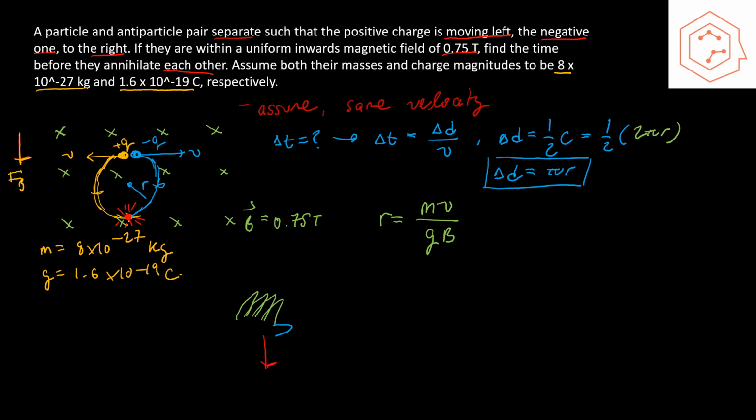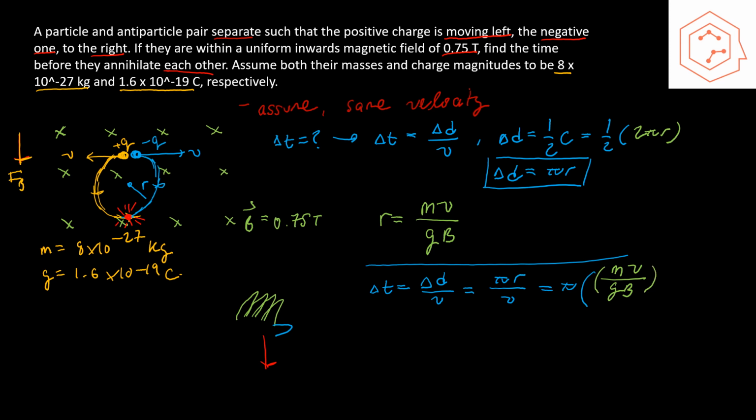So that's our radius. So if we sub all this in to our expression for the time, we have delta t is equal to delta d divided by v. Delta d is equal to pi r divided by v. So we have pi times the radius, which is mv divided by qB, which is all divided by the velocity.